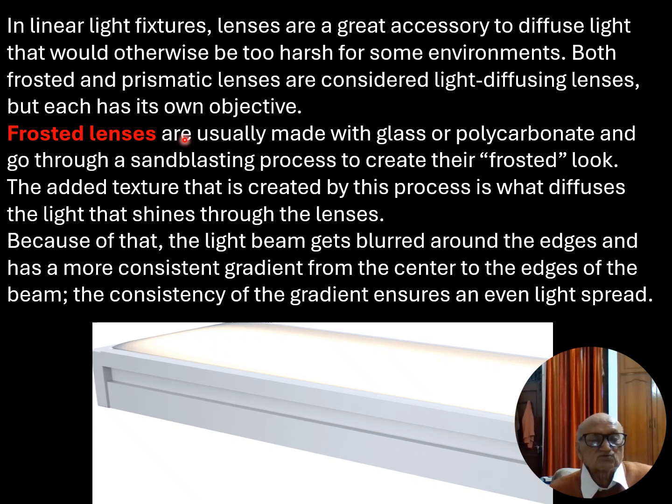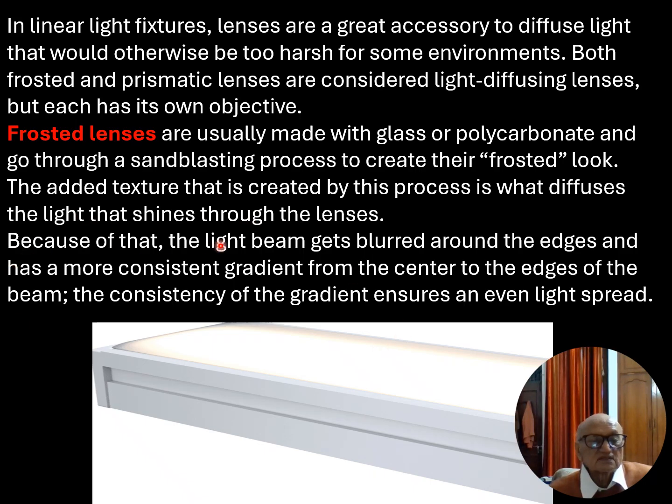Frosted lenses are usually made with glass or polycarbonate and go through a sand blasting process to create their frosted look. The surface is sand blasted, meaning high pressure glass balls are thrown on the surface and that creates the frosted look. The added texture created by this process is what diffuses the light that shines through the lenses.